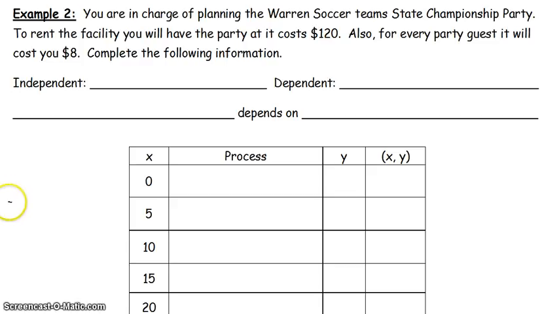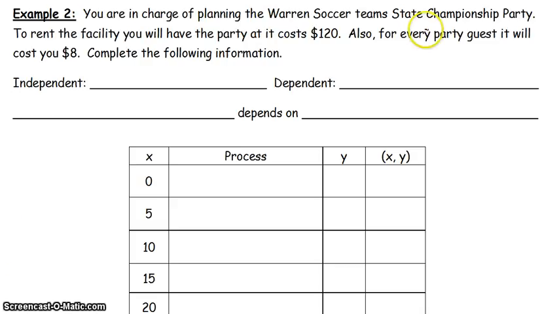Example 2 says that you're in charge of planning the Warren soccer team's state championship party. To rent the facility you will have the party at, it costs $120. Also, for every party guest, it will cost you $8. In this case, there's two variables again.